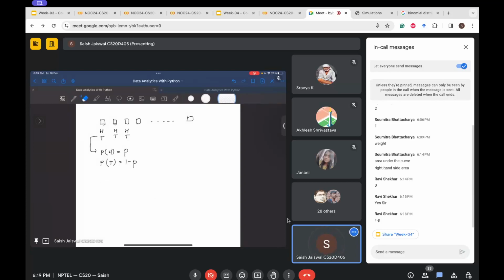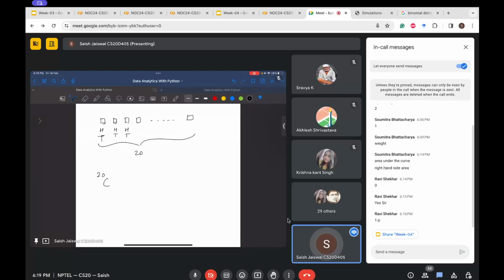So what binomial distribution does, out of these n trials, let's say 20 for ease of understanding: out of these 20 trials, what is the probability of getting success in 10 or say 15 trials? So out of 20, I am taking success in 15 trials.